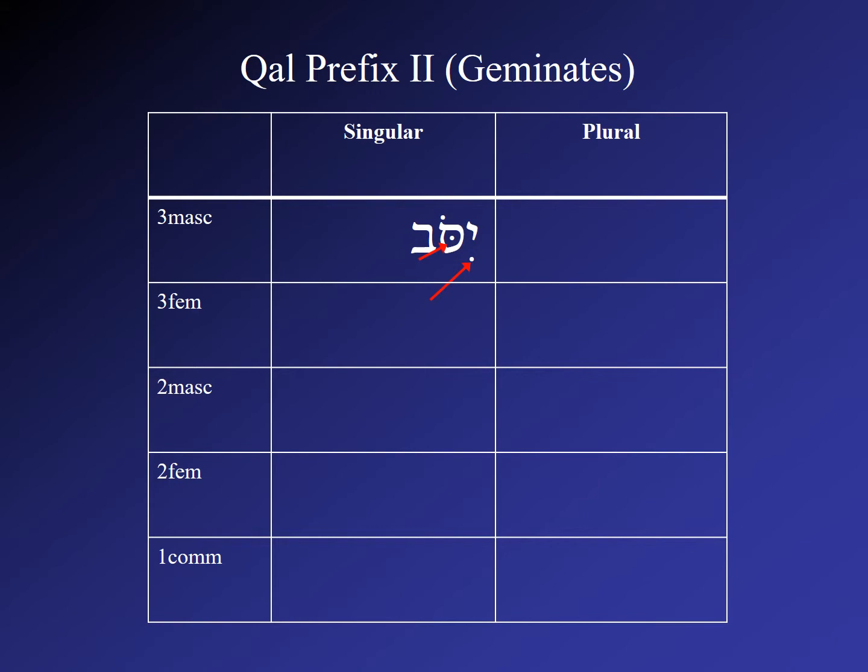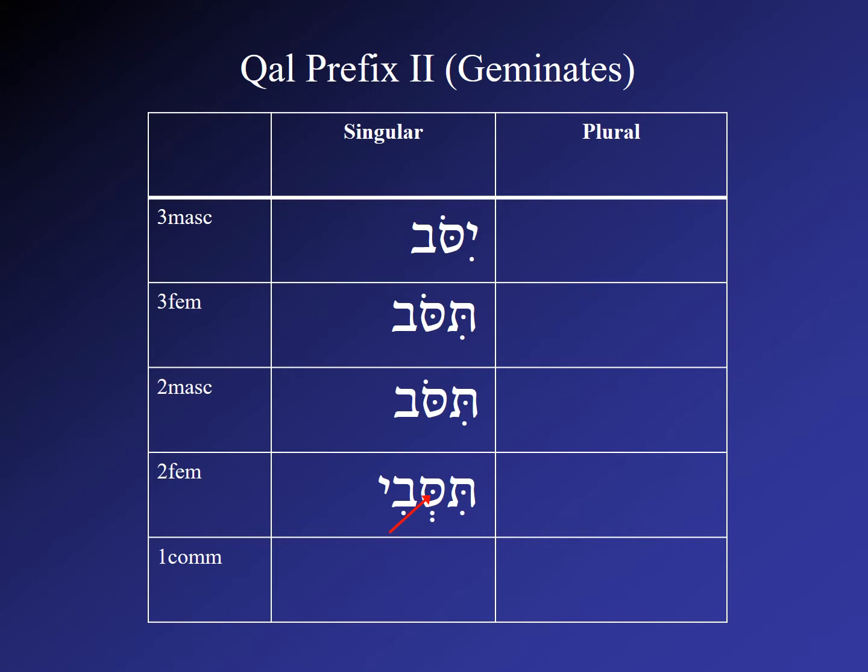So the doubling in this second form of the cal prefix happens not to the geminate radical but to the first radical, yisob. Then we can just work through the rest of the paradigm. Tisov, tisov, tisavi.